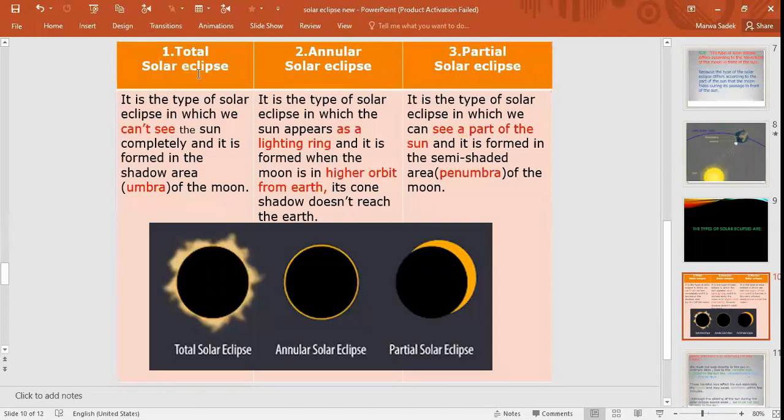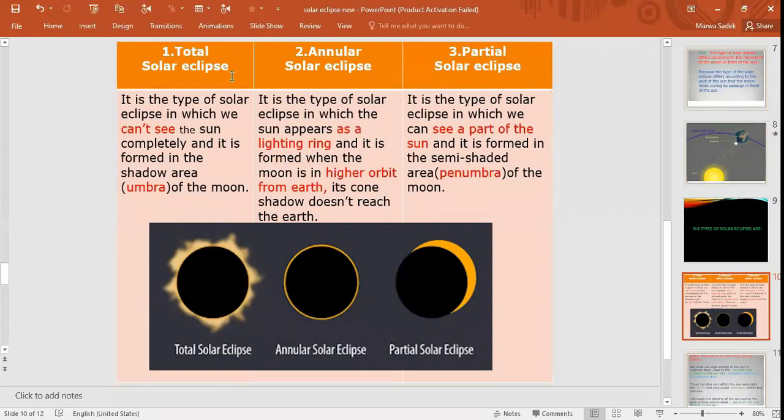Total solar eclipse, annular solar eclipse, and partial solar eclipse, according to the movement of the moon between the sun and the earth.